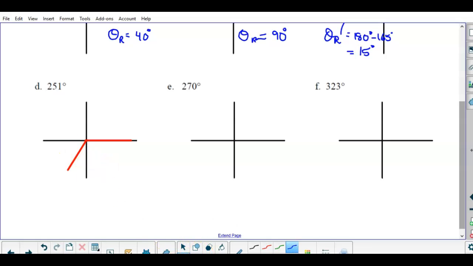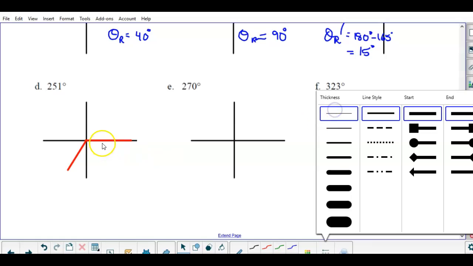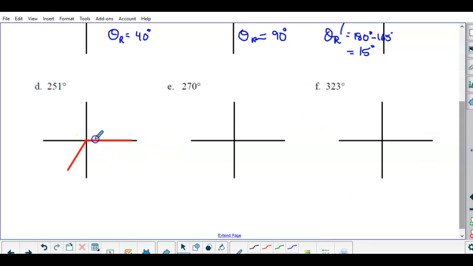So, this is your 251, with arrows on the end. Your reference angle is the angle formed by the terminal arm and the x-axis. So again, it's over here. What's this angle? Think about this. Because this is bigger than 180, it's going to be 251 minus 180.